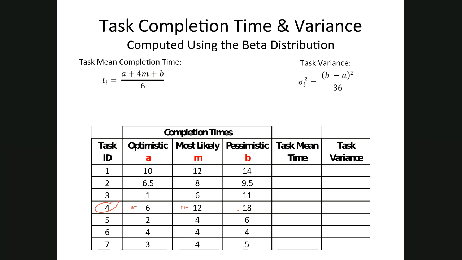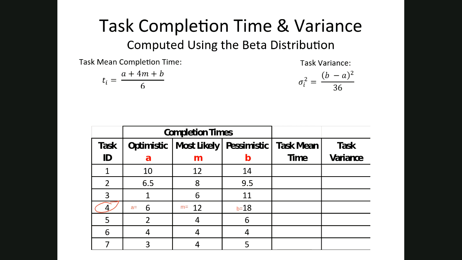We're going to substitute 6 in for A, plus 4 times our mean value, which is 12, plus 18 for the B value, and we're going to divide that all by 6 to calculate our mean.